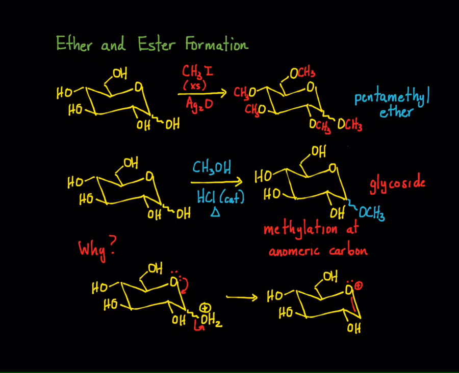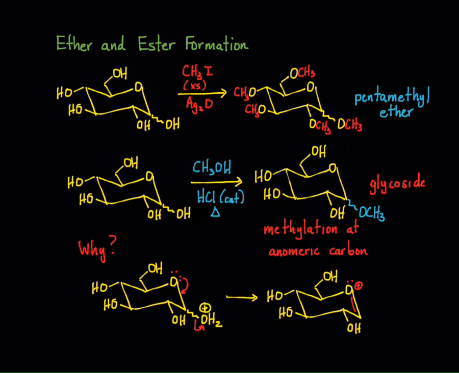All of the other OH groups could form secondary carbocations, except for C6, that would be a primary carbocation, and that's certainly not favored. So if we use a catalytic amount of HCl in methanol, we can selectively methylate the anomeric carbon.